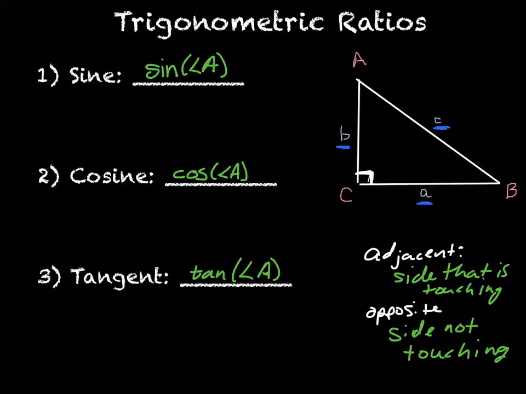Okay, so let's figure out what the sine, cosine, and tangent of angle A is. If we're looking at angle A, the sine of angle A is always going to be the opposite over the hypotenuse. And remember, the hypotenuse is always the longest side.